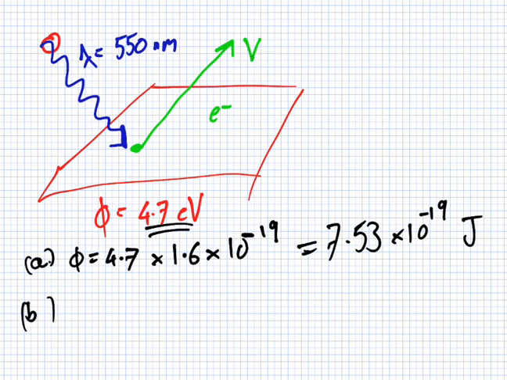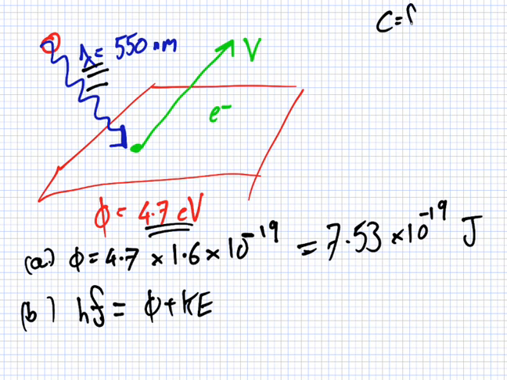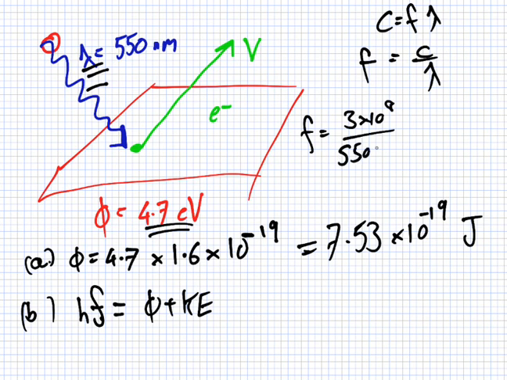Now, if I want to calculate the speed of this electron, I use Einstein's photoelectric formula, which says hf equals the work function plus KE. Now, do we know the frequency? We almost know it, because we know the wavelength. So I can use c equals f lambda, f equals c over lambda, so f equals 3 times 10 to the 8 over 550 times 10 to the minus 9.